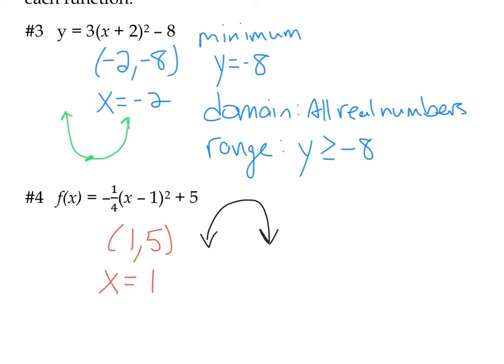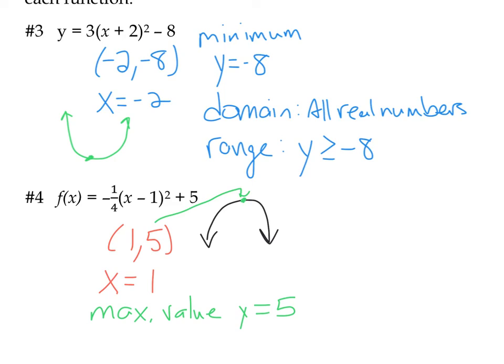It opens down because we have a negative number here for our a value. A negative a value means it's going to be opening down. That means we're going to have the vertex right here, that's the vertex, and it's going to be a maximum value. A maximum value of y equals 5. If we graphed it, there would never be a y value greater than 5.